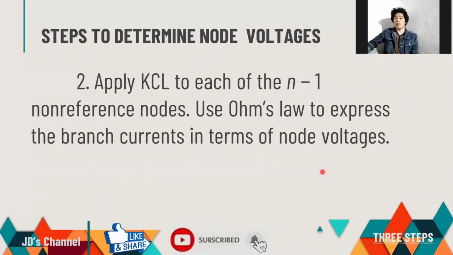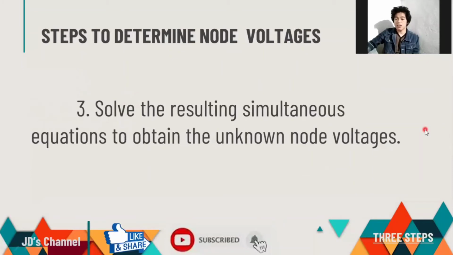Ang pangalawa naman, apply KCL to each of the n minus 1 non-reference nodes. Use Ohm's law to express the branch current in terms ng node voltages. Thirdly, solve the resulting simultaneous equations to obtain the unknown node voltages. So that class, yung ating 3 steps in solving dito.